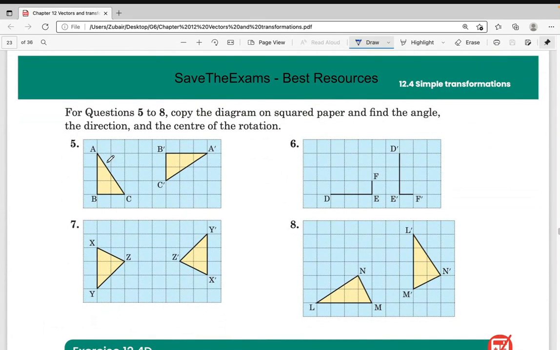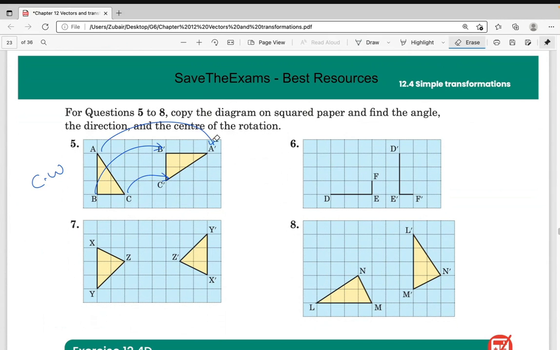For example, look at this question number 5. It says find the angle and direction and center of rotation. Object and image are given, and we have to find angle, direction and center of rotation. For question number 5, you can see A is landing on A dash, B is landing on B dash, and C is landing on C dash. So for me, it is clearly clockwise.